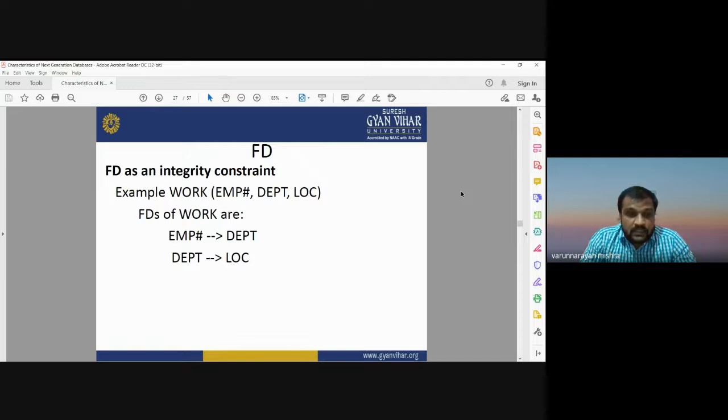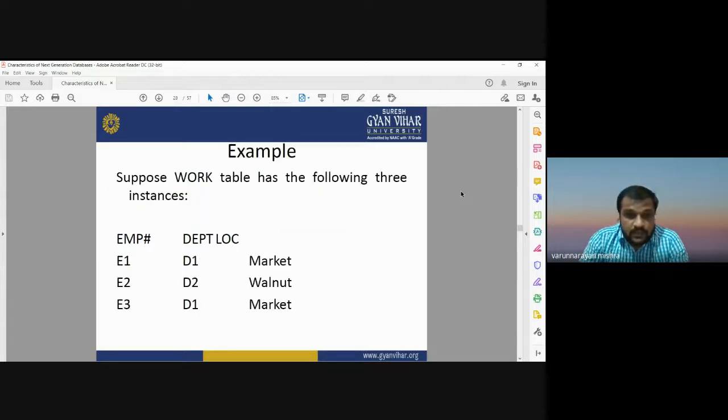Functional dependencies as an integrity constraint. For example, here is a relation Work, having employee number, department, and location. The functional dependencies of Work are employee number to department and department to location. This is another example.